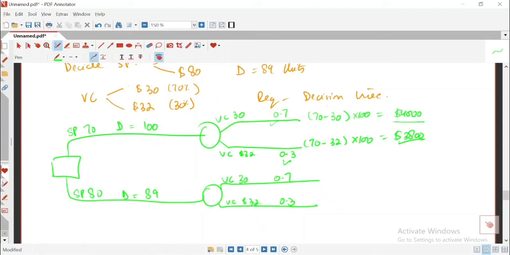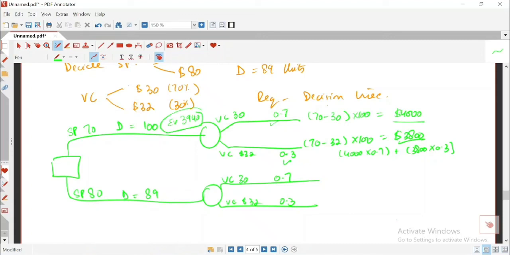So expected value कैसे आएगी? 4000 multiplied by 0.7 plus 3800 multiplied by 0.3, which is going to give us an expected value, EV, of 3940. यहाँ लिख दिया इसकी EV.